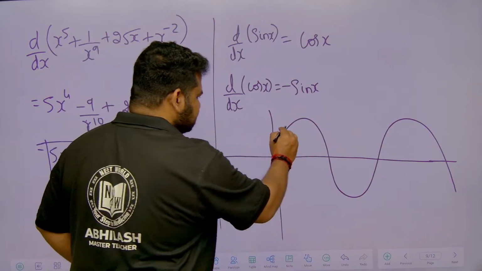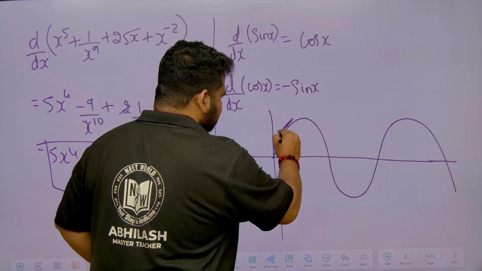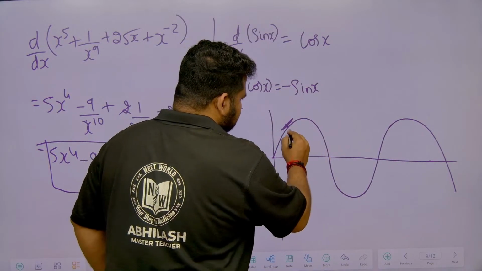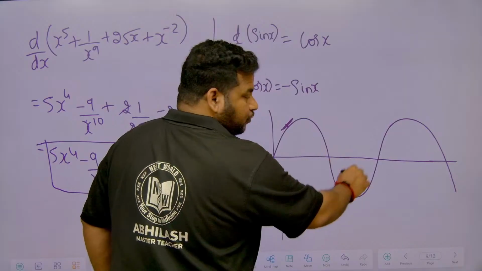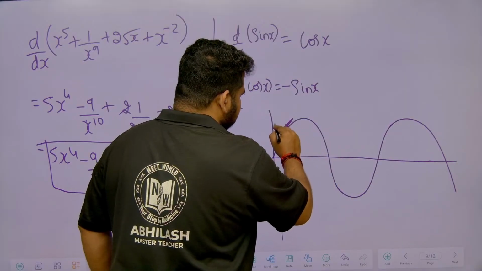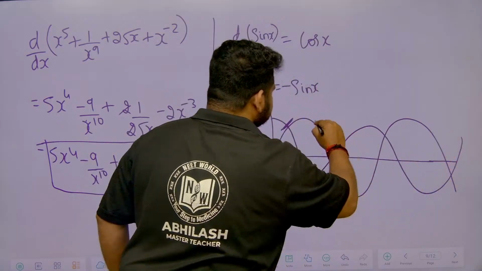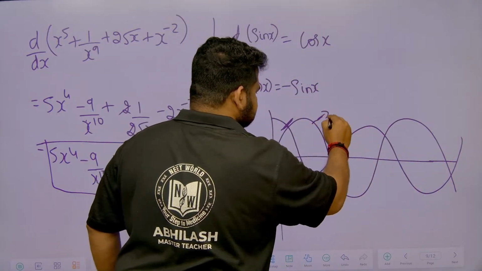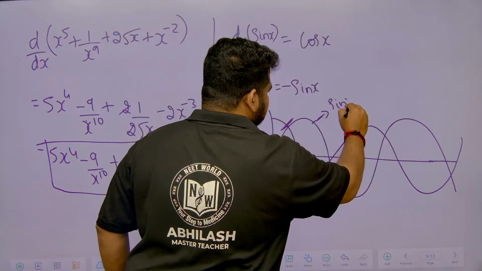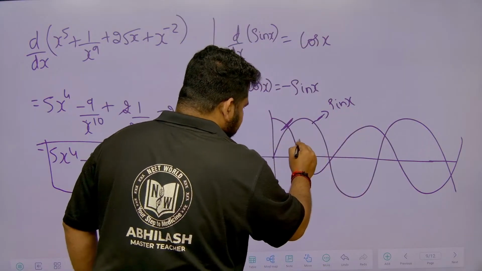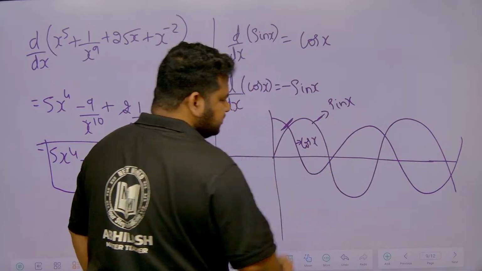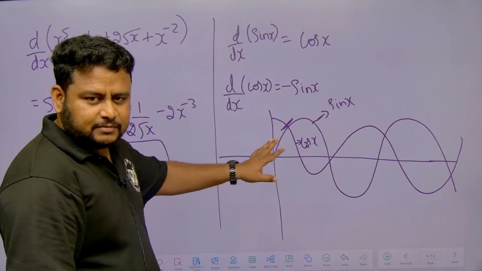For this curve, this will be the slope at this point, and similarly you will have different points. If you join these points, you will get something like this. The first curve which I drew is the sine curve, sin x. The curve which I got is the cos curve. This is not accurate, but this is the cos curve.